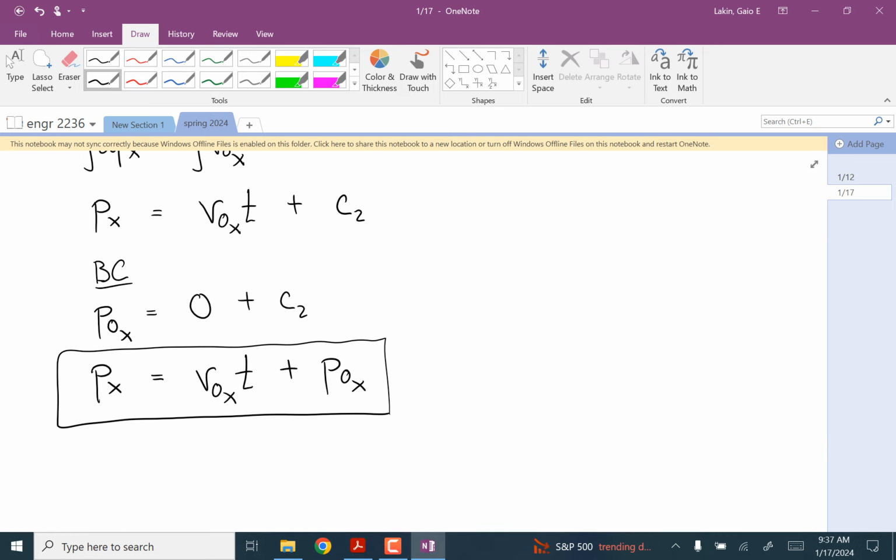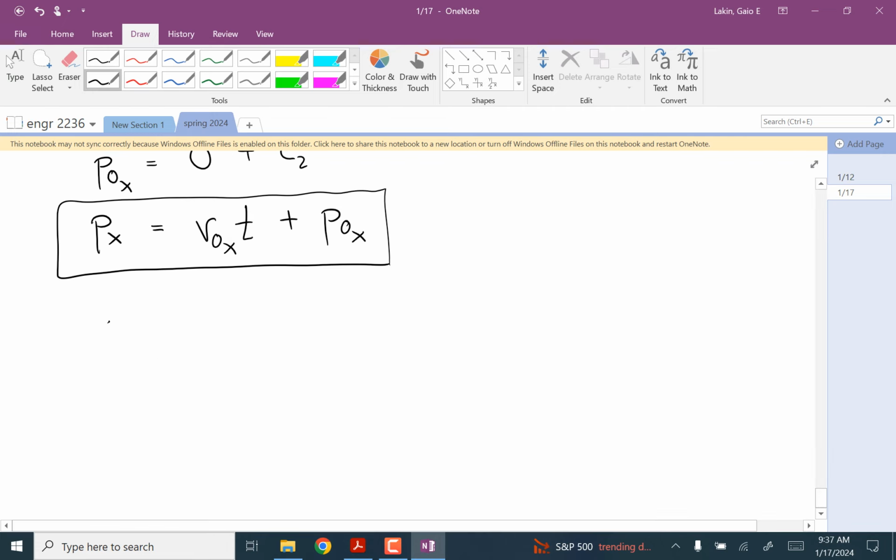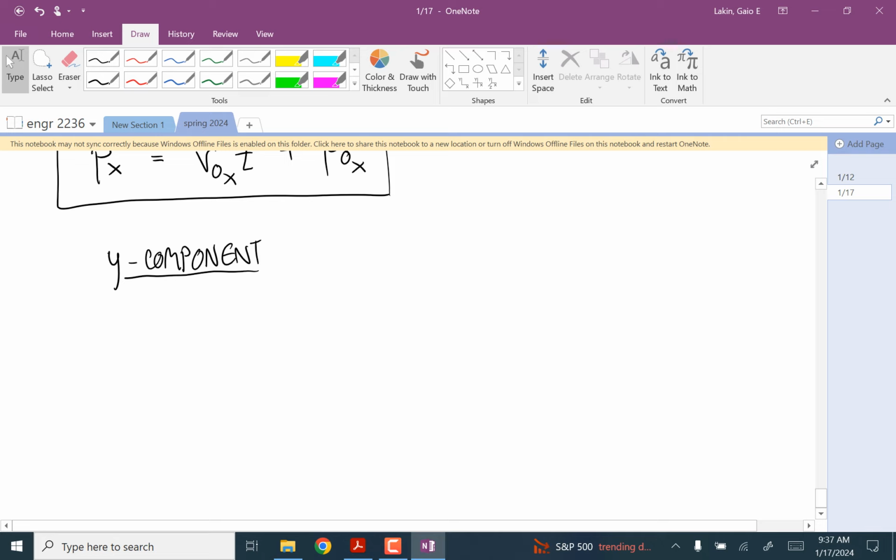Are you with me on that? So now we're going to go to the y component. And we're given that, so we have that d squared py dt squared is equal to negative 9.81.